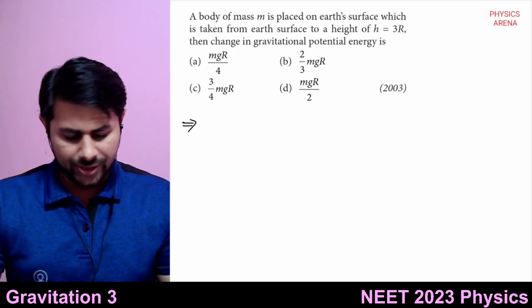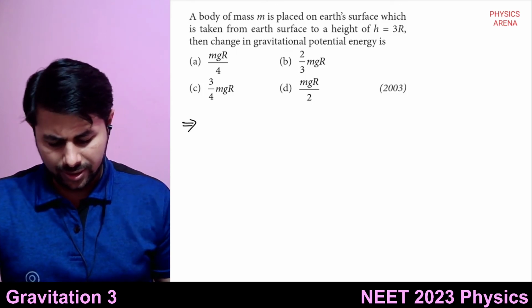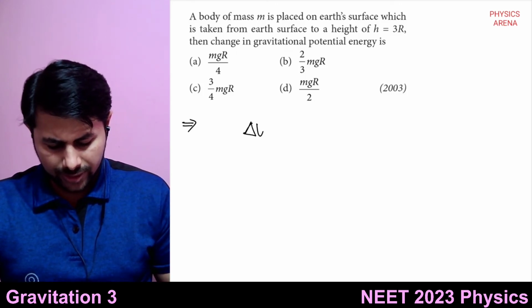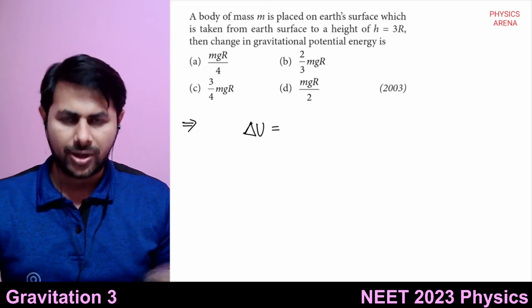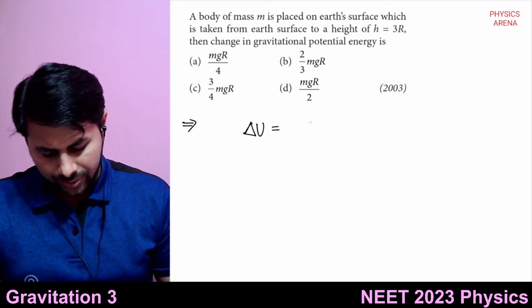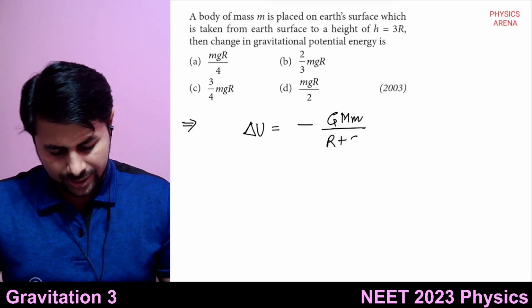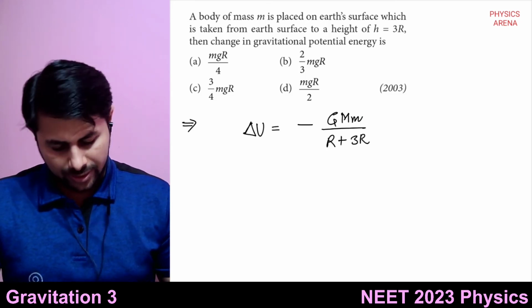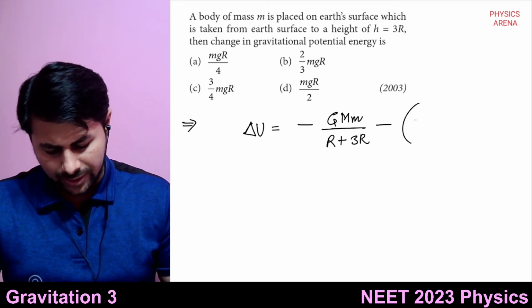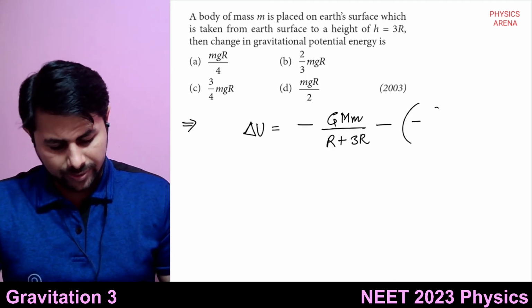So let's call it delta U, or work done we can say. It is equal to potential energy at the final point, minus GMm divided by R plus h, where h is equal to 3R, minus potential energy at the surface of Earth.